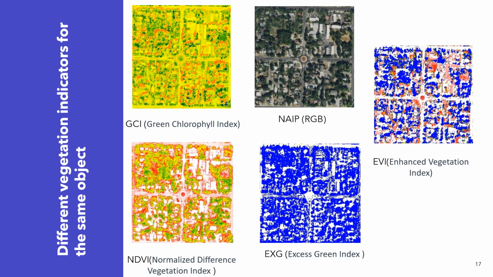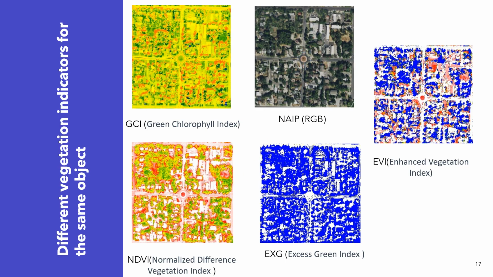Before that, we calculated some different vegetation indicators like GCI, NDVI, EXG, and EVI. And you can see some of them make a good contrast between objects. For example, here you can see different contrasts, different colors, between grass area and trees, building, and street.